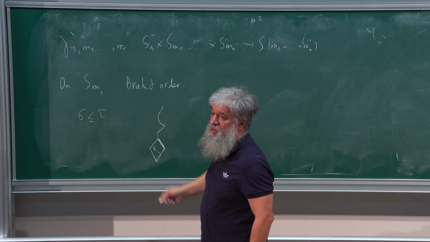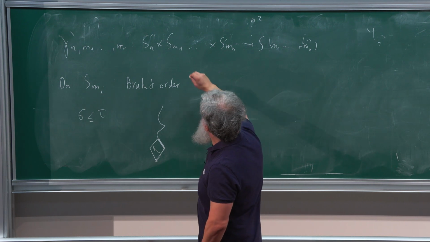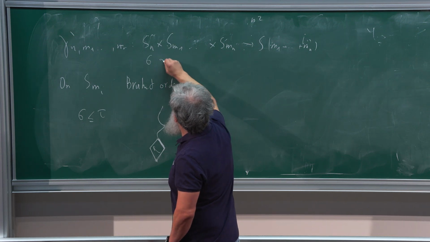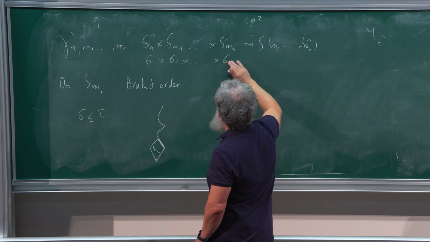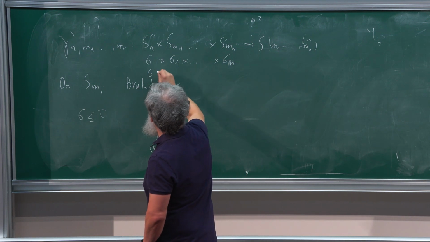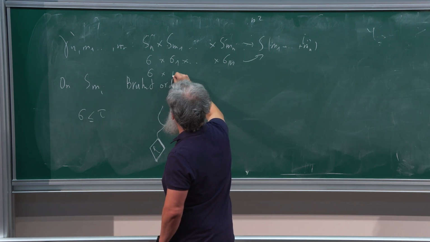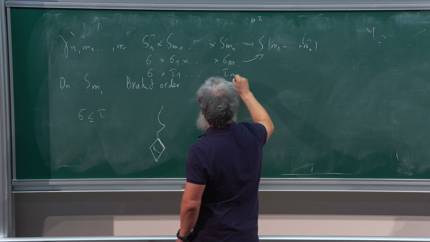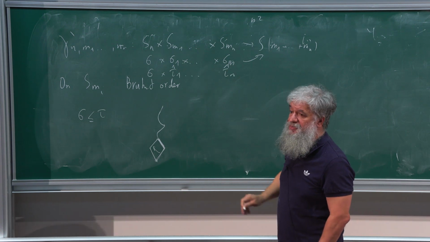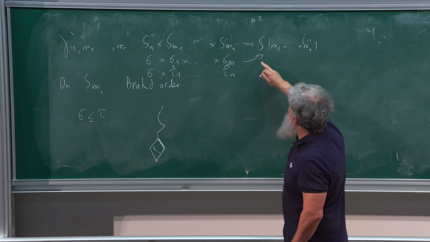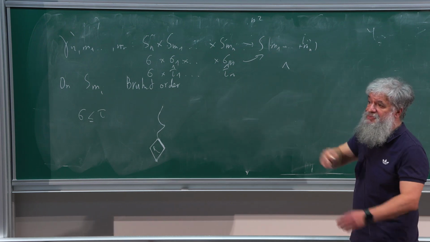So this is the Bruhat order on permutations. The observation is that if we have sigma 1 through sigma n, mapped to tau 1 through tau n, and these elements are in Bruhat order, then the result will also be ordered with respect to Bruhat order in this group.